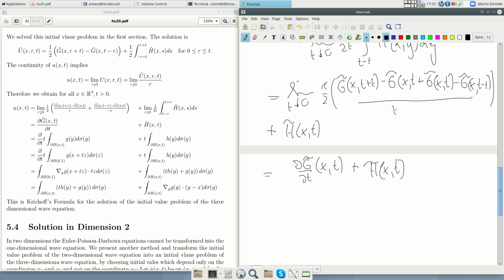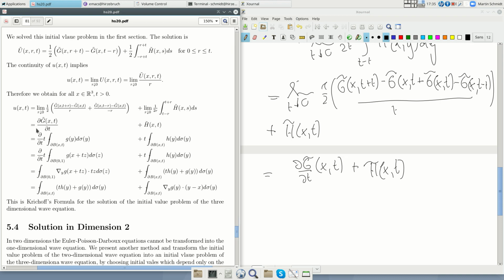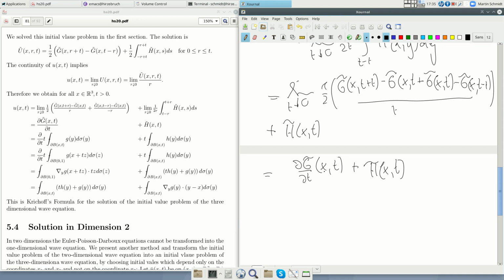So this is our solution here. Now let's insert the formulas for g tilde and for h tilde. So this is d by dt of t times the mean value of g of y dy integrated over the ball with radius t.